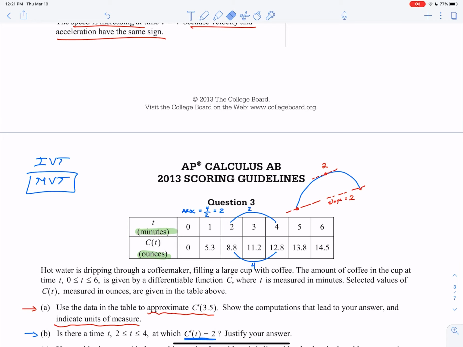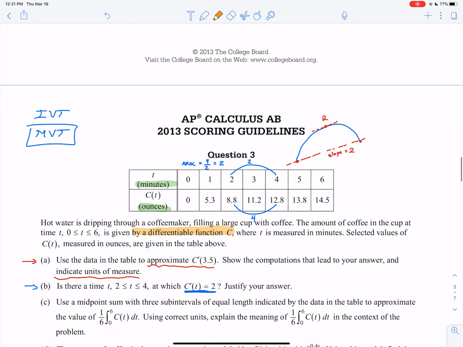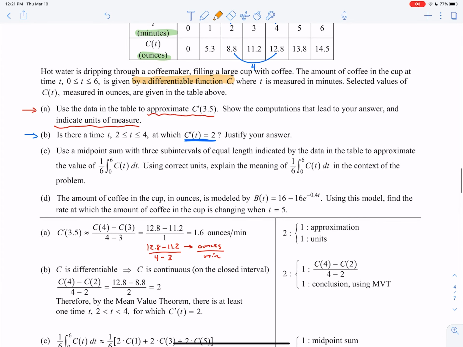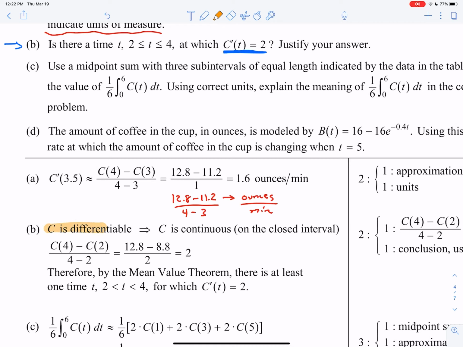So do they give us any clues? They do. You got to read it a little bit, but notice how they tell you that the function is differentiable, okay? If a function is differentiable, then it is also continuous here, okay? So MVT does apply, so you know it can work. So notice how they mentioned that C is differentiable, implying that C is continuous.